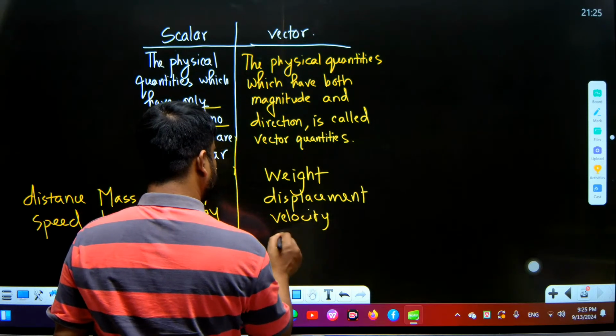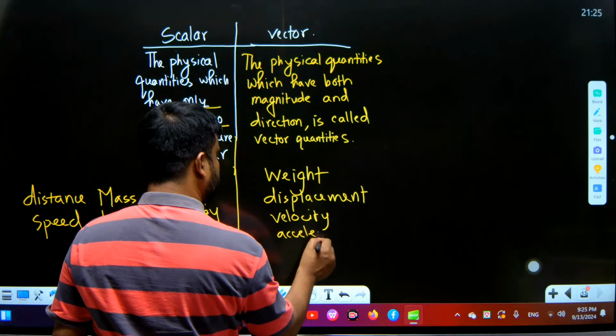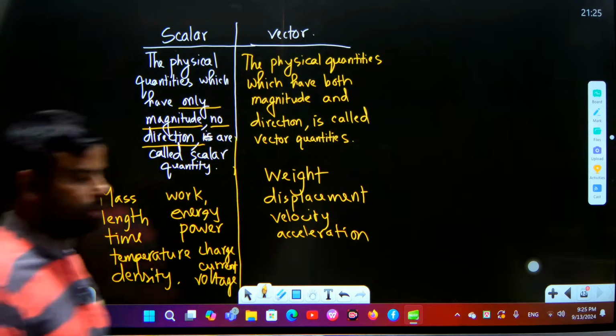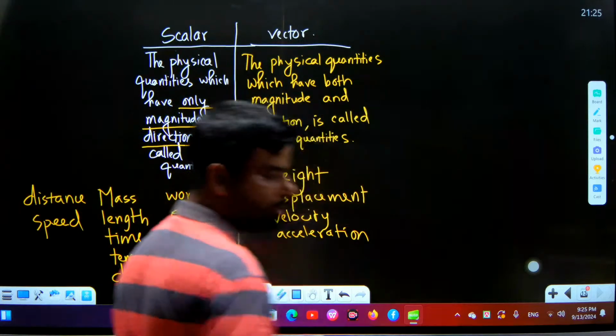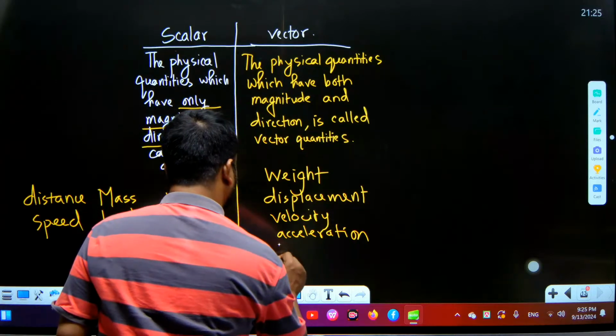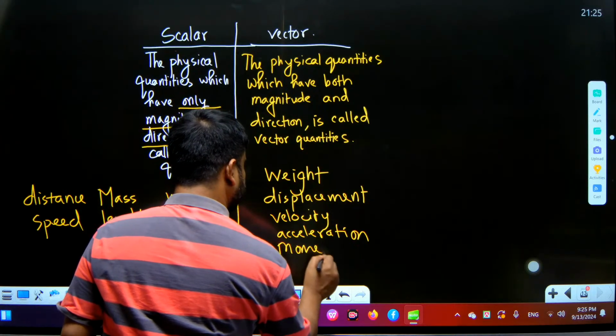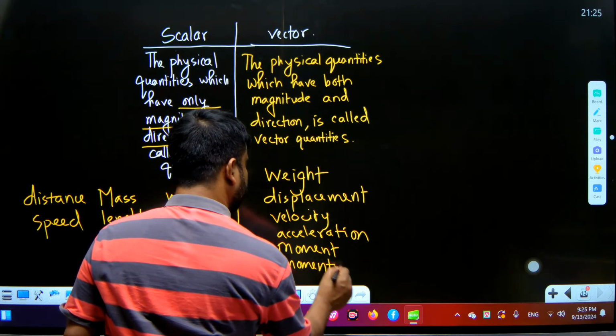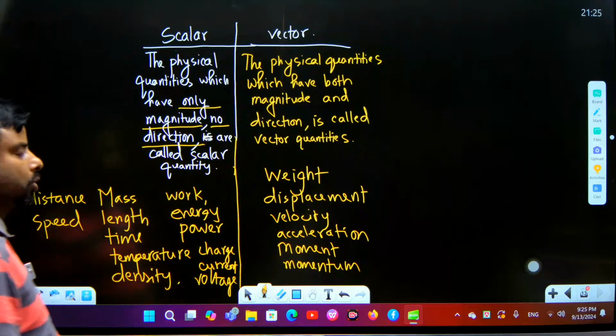Acceleration is a vector quantity. Remember, acceleration is a vector quantity because acceleration is related with velocity. Rate of change of velocity is called acceleration. Momentum is a vector quantity.